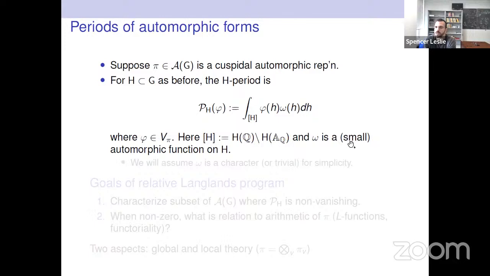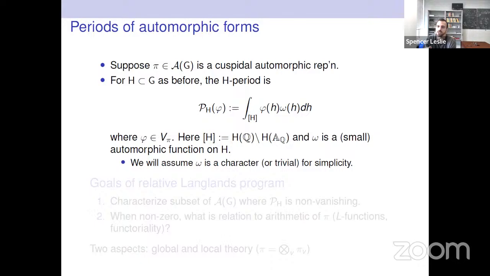I've used the word small here because typically this is either trivial, could be a character, or it could be maybe a theta series. All of these things happen. But what we do is we take this pairing, we pull it back to H, and then we integrate over the quotient. I'll always either assume it's a character or trivial for simplicity.